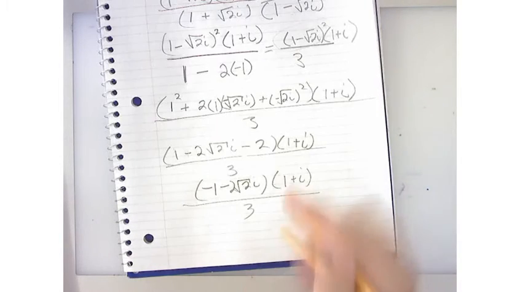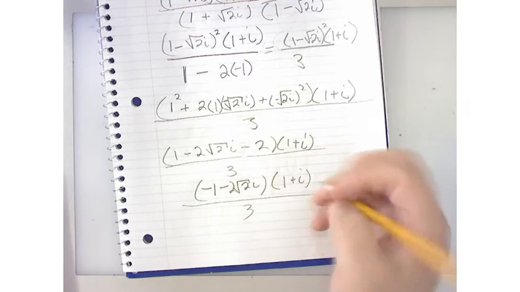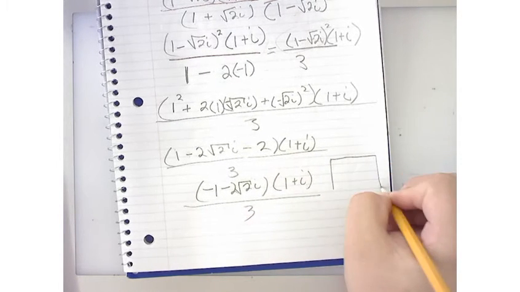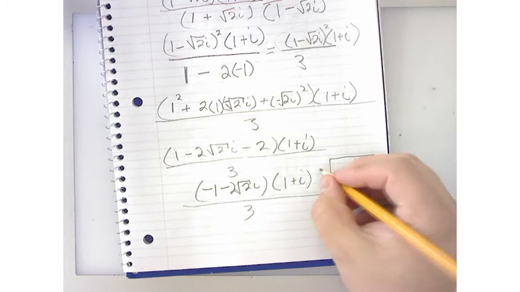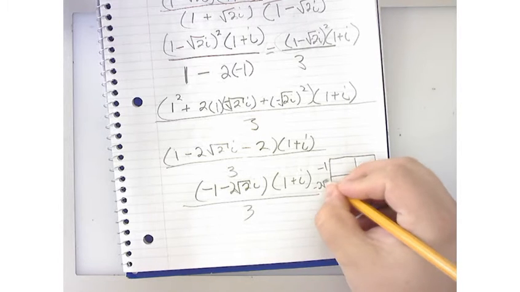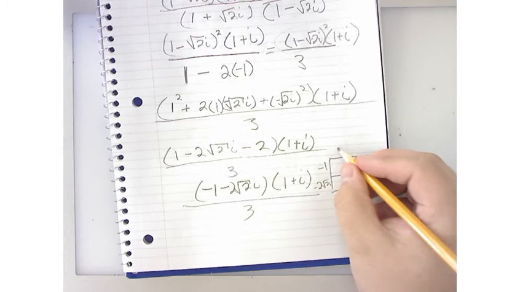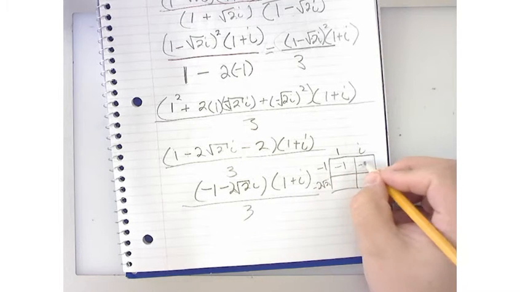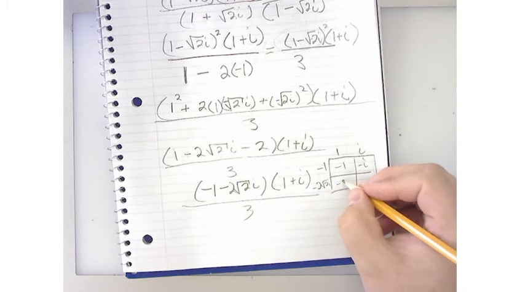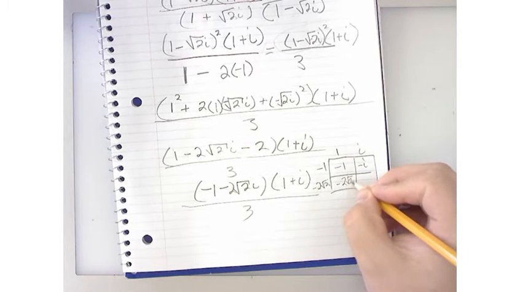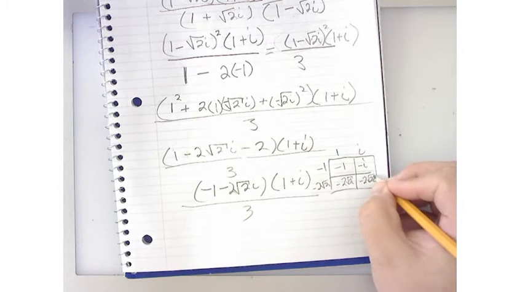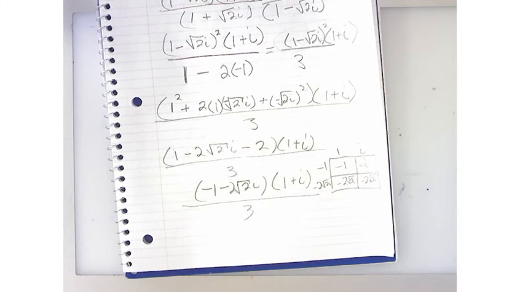And so then if I add all that stuff up, I want to multiply these two. I'm just going to do it over here on the side. I'm going to say -1, -2 root 2i, and then over here I'm going to have 1 plus i. So this becomes -1, this becomes -i, this becomes -2 root 2i, and then we've got -2 root 2i squared, right?